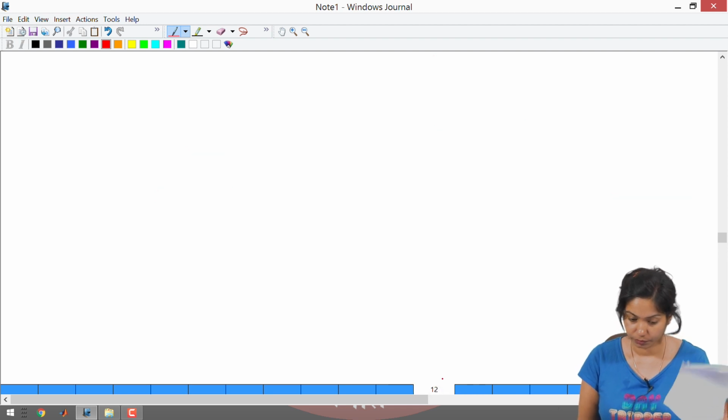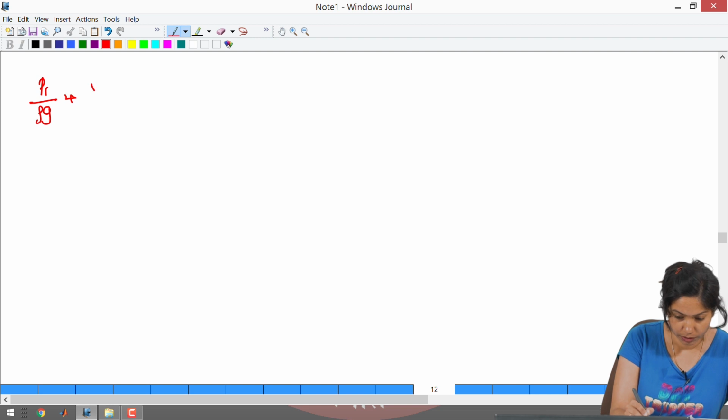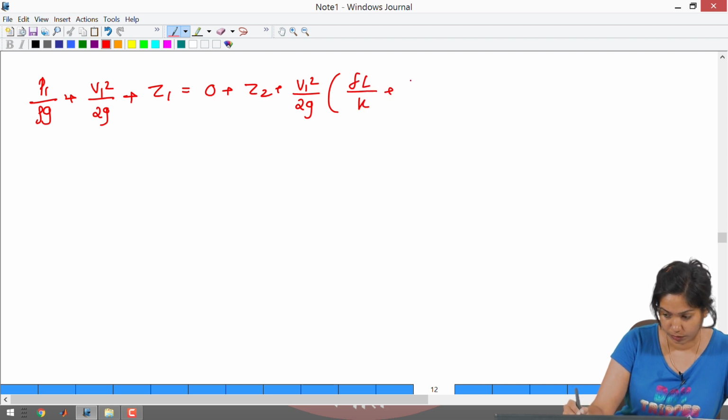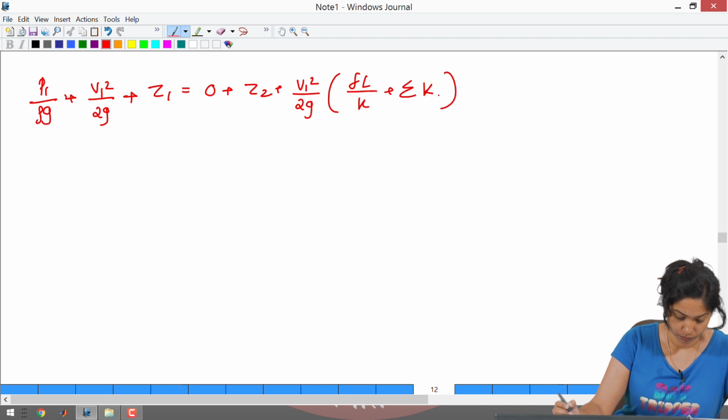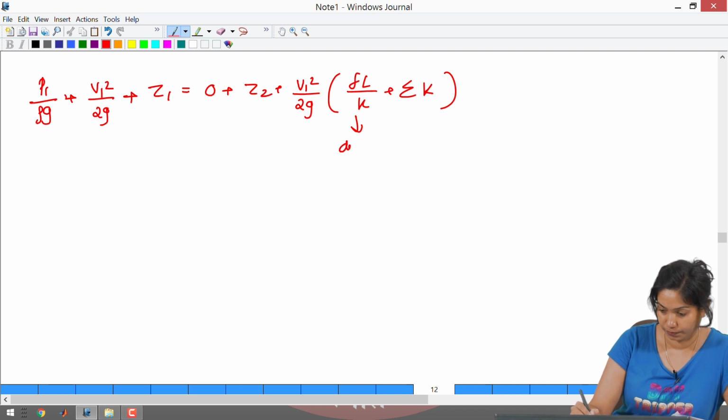So, P1 by rho g plus V1 square by 2g plus Z1 equals 0 plus Z2 plus V1 square by 2g into the friction term, this term is due to friction, and this is due to minor losses.